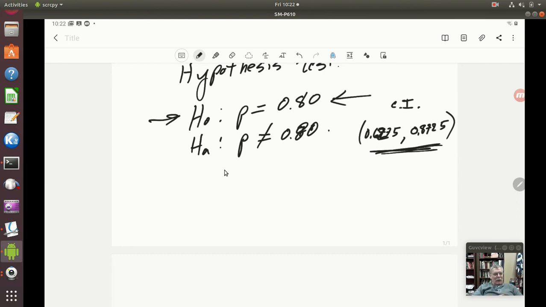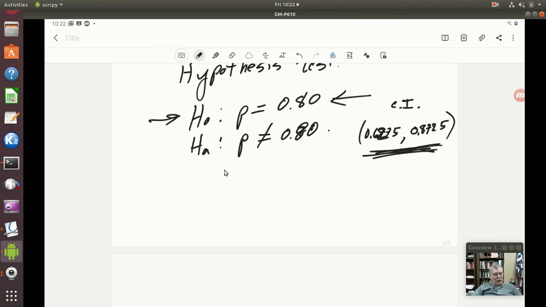Because remember, we did a confidence interval and we said, hey, the right answer is somewhere between 62 point something percent and 87 point something percent. Well, 80% is within that. And so we were 95% confident with that confidence interval that 80% was in the interval.